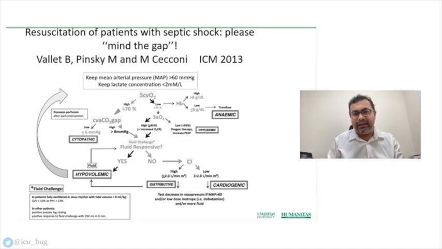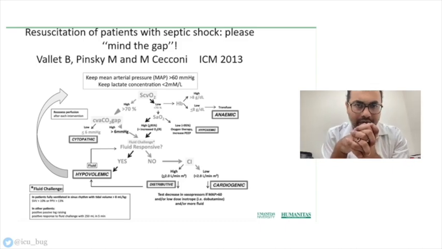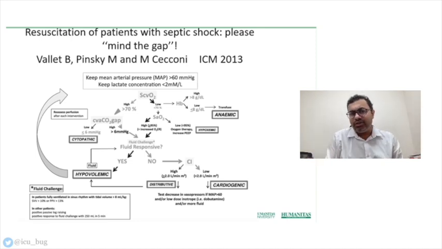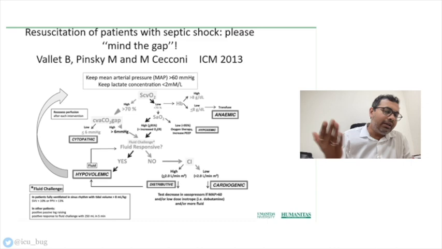If your lactate is normal, you can still have a mismatch between your delivery and consumption, which can be picked up by a low central venous oxygen saturation. If the oxygen saturation in the central vein is low, that means your oxygen delivery is inadequate. What determines delivery?